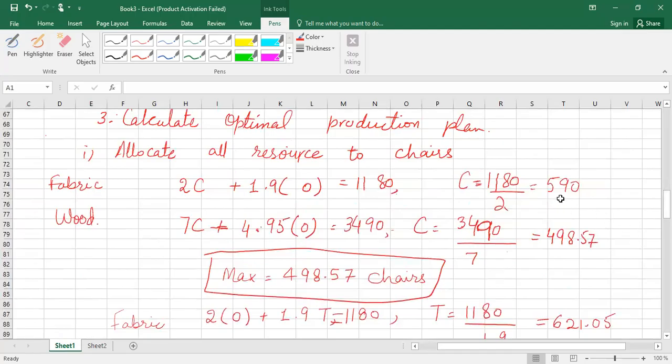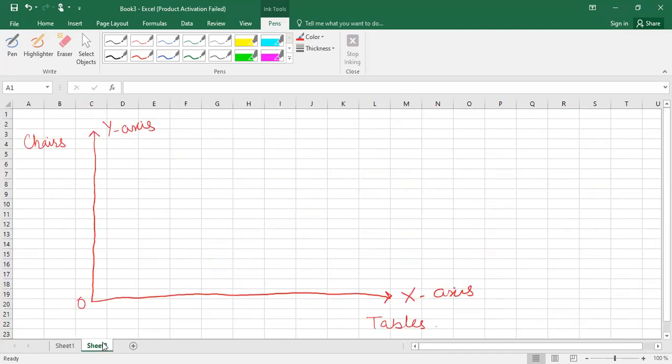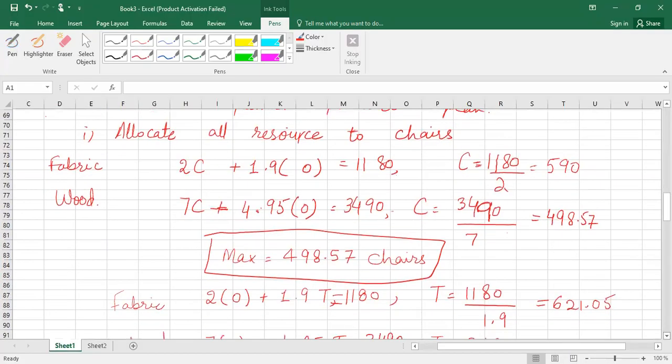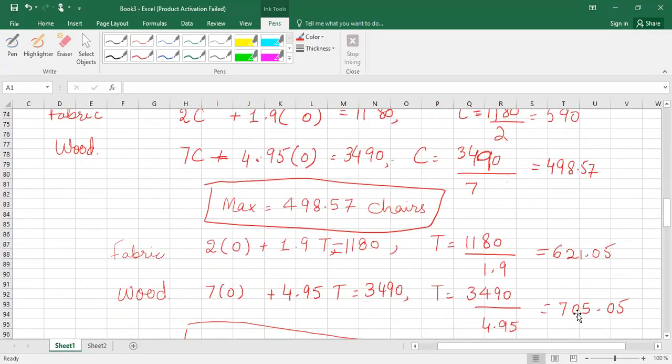Maximum chairs we can produce is 590, although we picked that 498.57. So we are going to draw points over here, and the maximum number came with the table, which was 705.